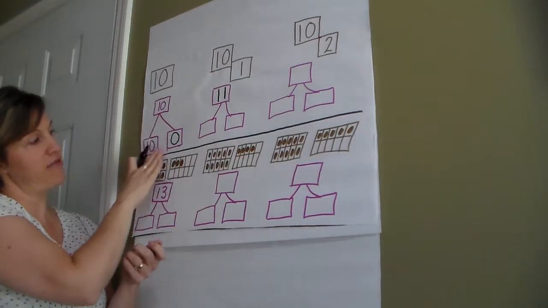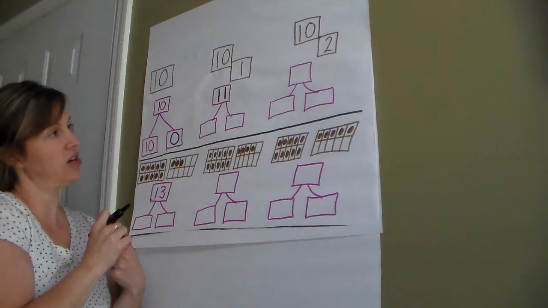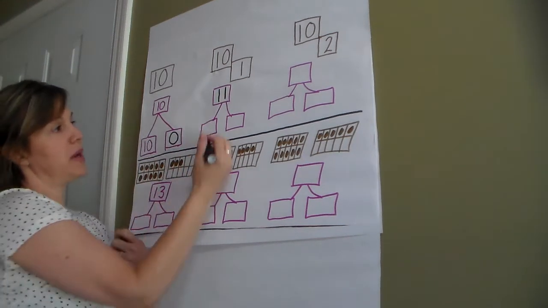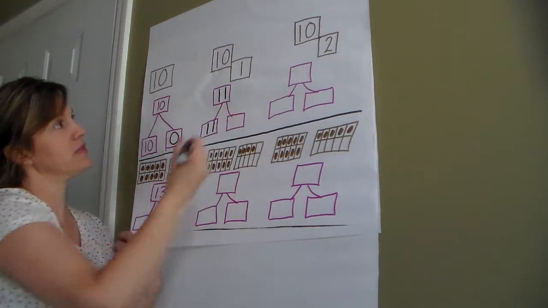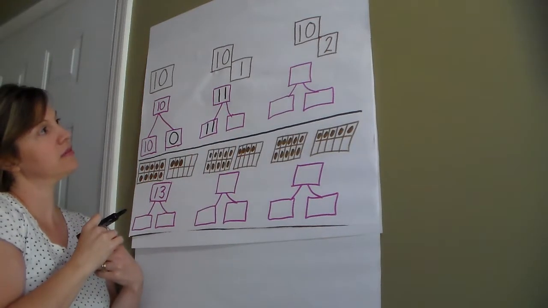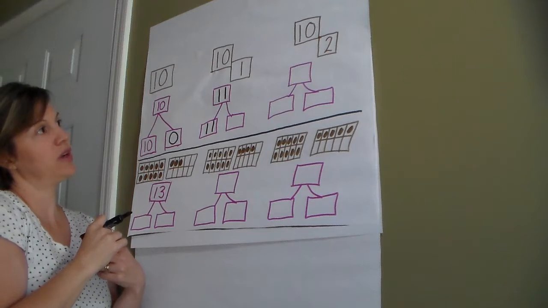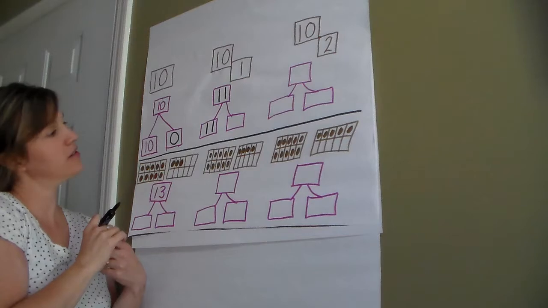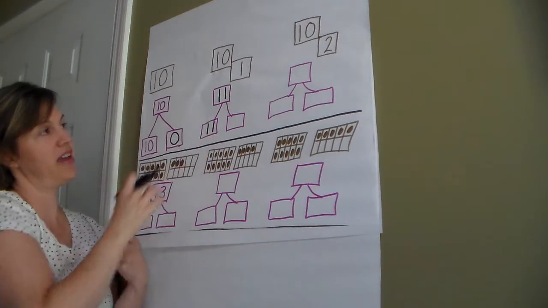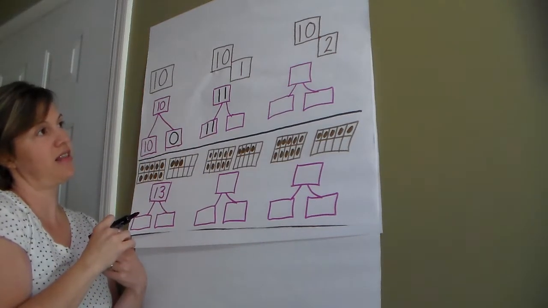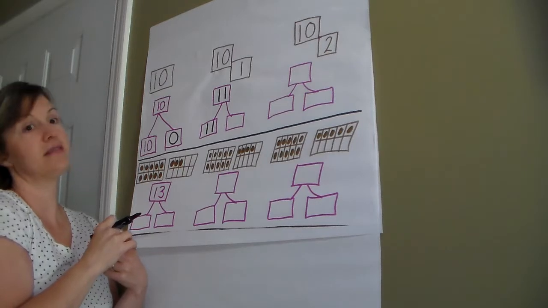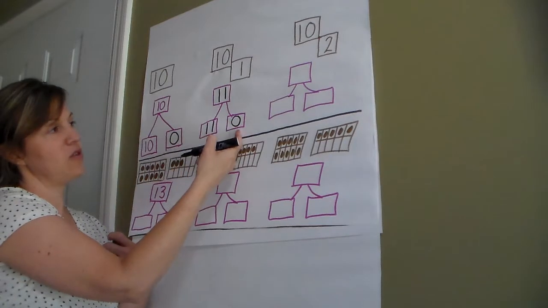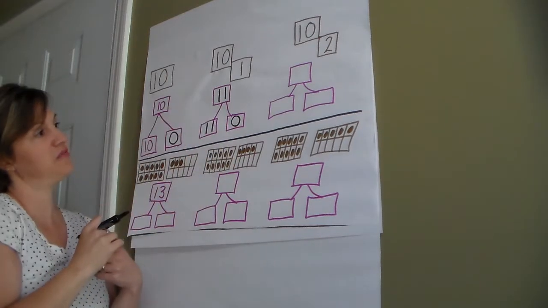And now I'm going to keep following the same pattern that they started. I'm going to put 11 inside here, which is one of my parts. And then I'm going to put, what is that other part? 11 plus something equals 11. 0. So 11 plus 0 equals 11.